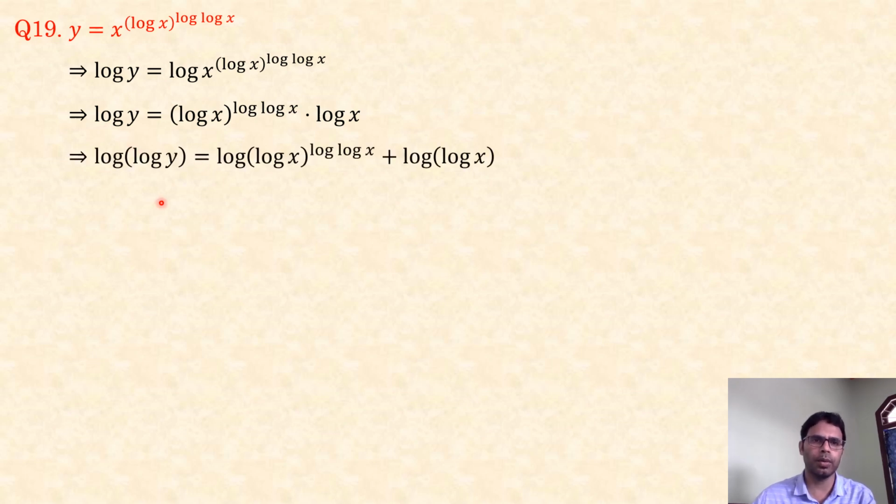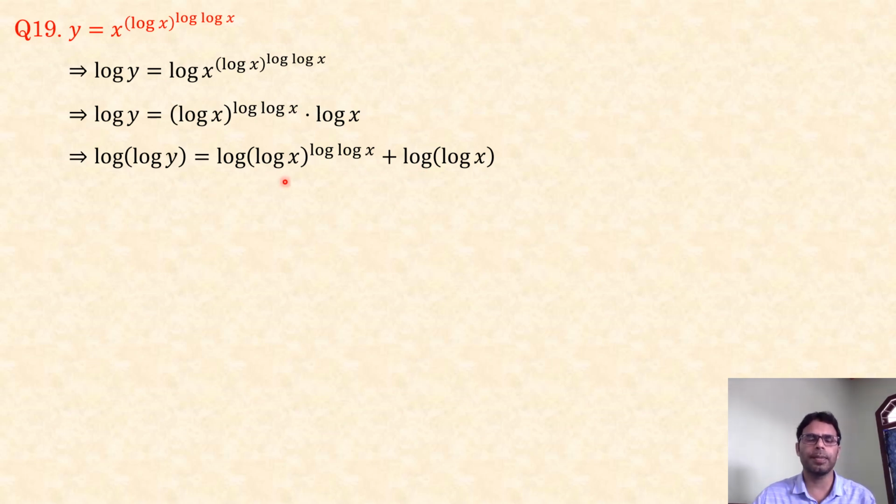So log of log y on the left hand side, and on the right side taking logarithm, this product will be split as plus. So log of this term plus log of log x. So log of this term remains the same. You see this is plus and log of this term remains the same, just using the property of logarithm.